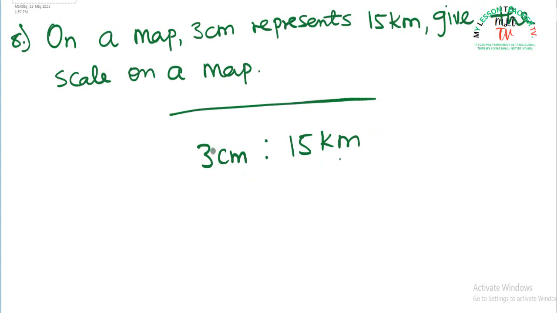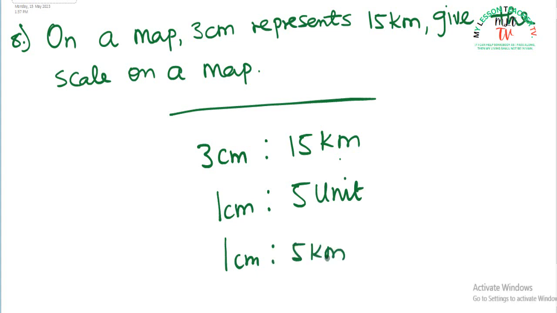And 3 is actually a factor. So 3 into itself is 1, and 3 into 15 is 5. So the scale is said to be 1 cm to represent 5 units. You can call it 1 cm to 5 units, or 1 cm to 5 kilometer, depending on what the unit is. But in this case, we can say it is 1 cm to 5 kilometers. So this is the scale.